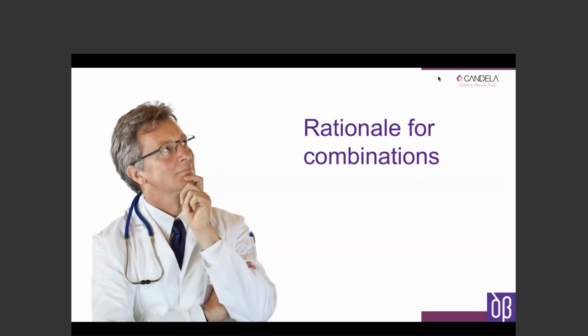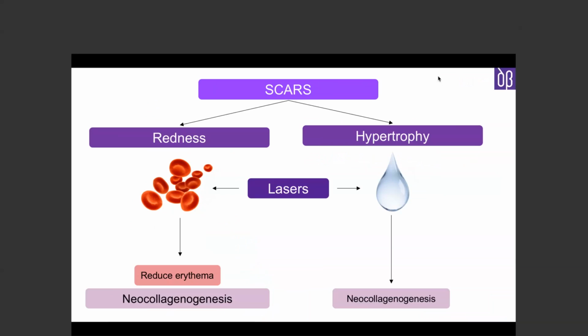The rationale of using combinations is based on the first slides I showed you. There are different chromophores, different molecules acting in scar tissue formation in the first 3 weeks, so we take advantage of them.